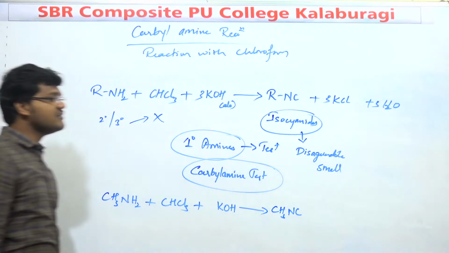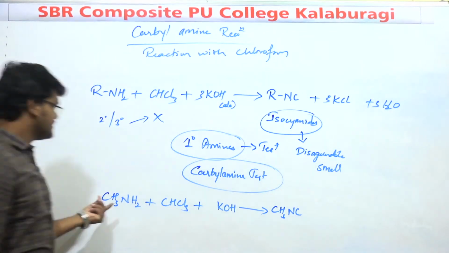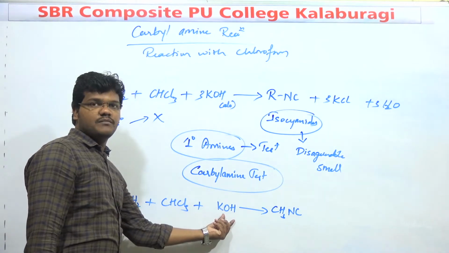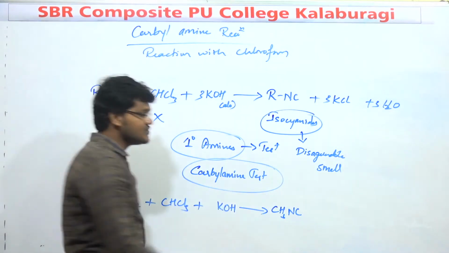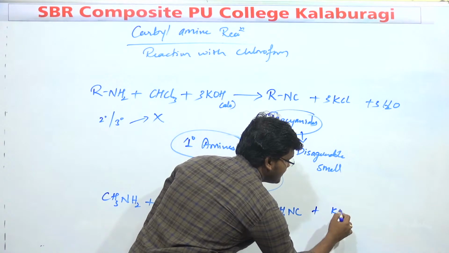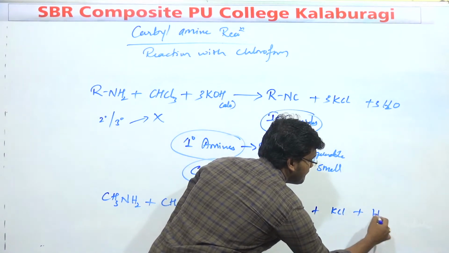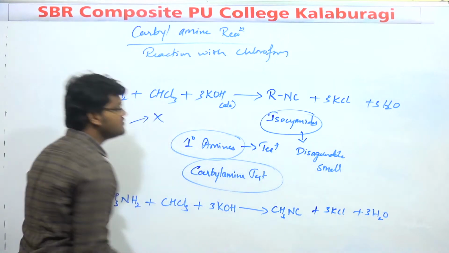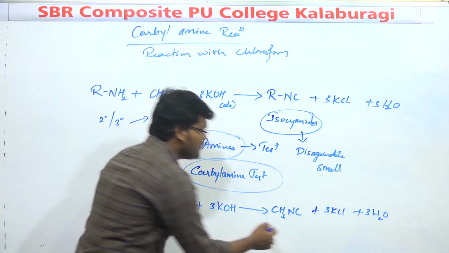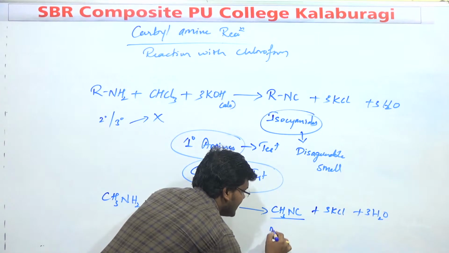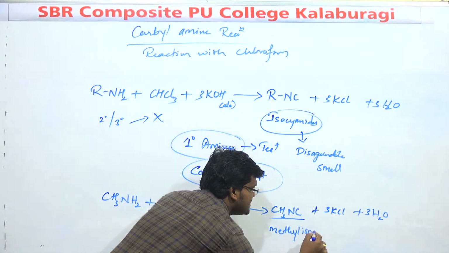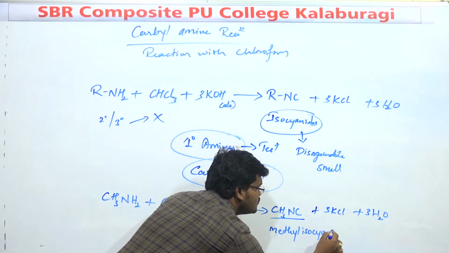CH3NH2, the primary one, with chloroform and potassium hydroxide, is going to give you isocyanide plus 3 moles of KCl plus water. So I am going to get methyl isocyanide.